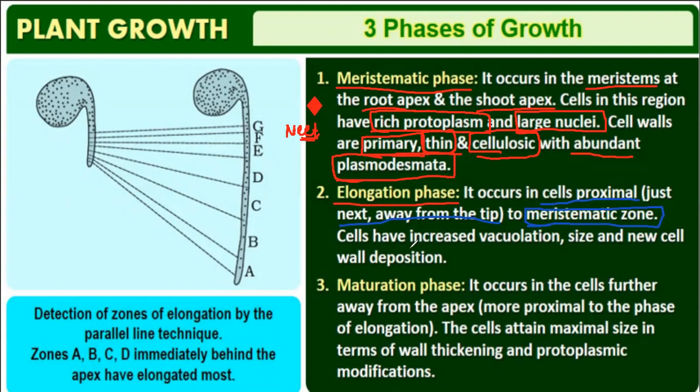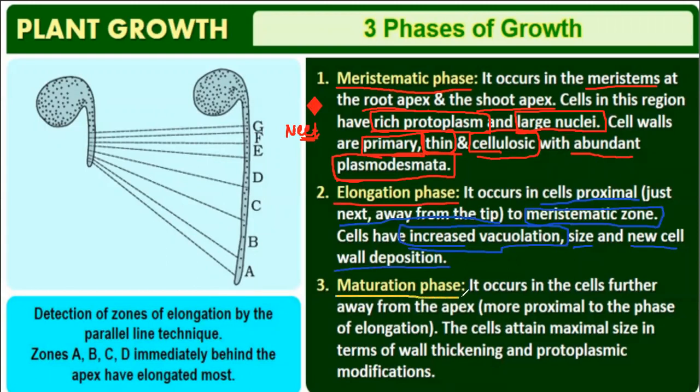These cells have increased vacuolation, or large vacuoles, then increased cell size and new cell wall deposition. Is it clear? That is the characteristics of the elongation phase.